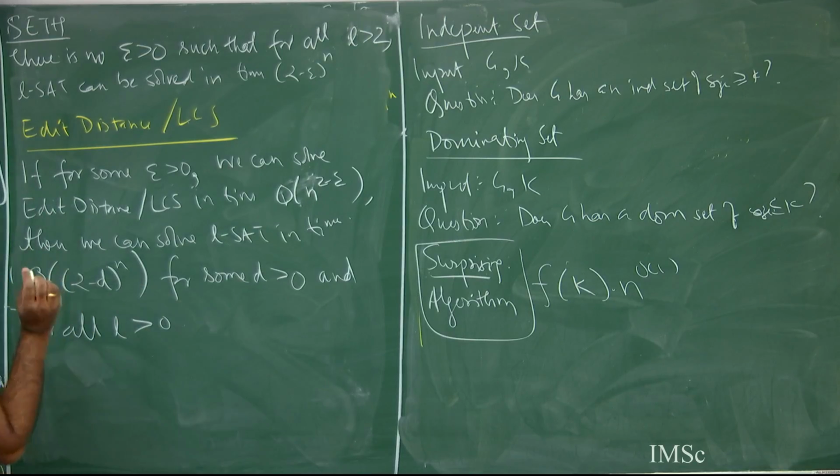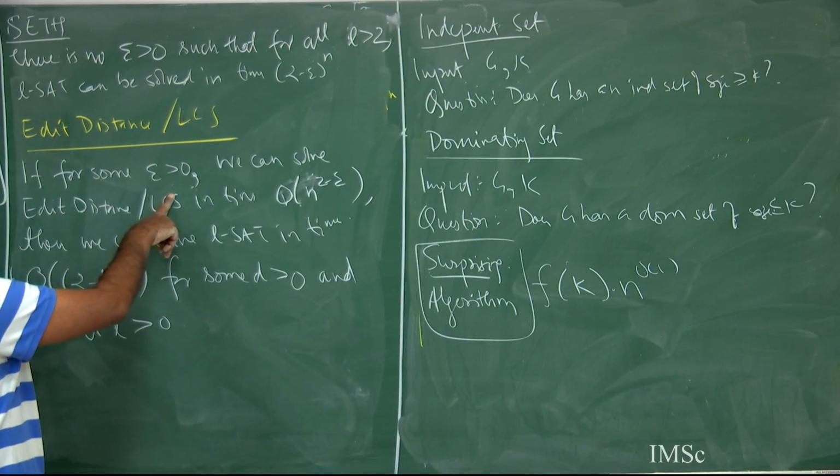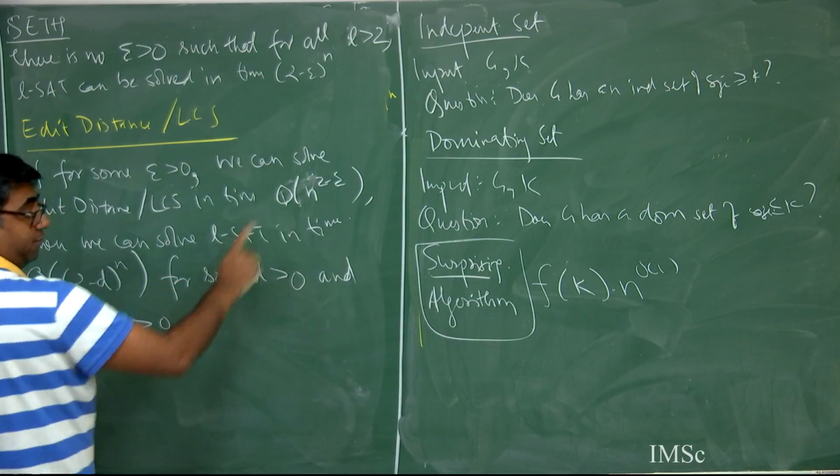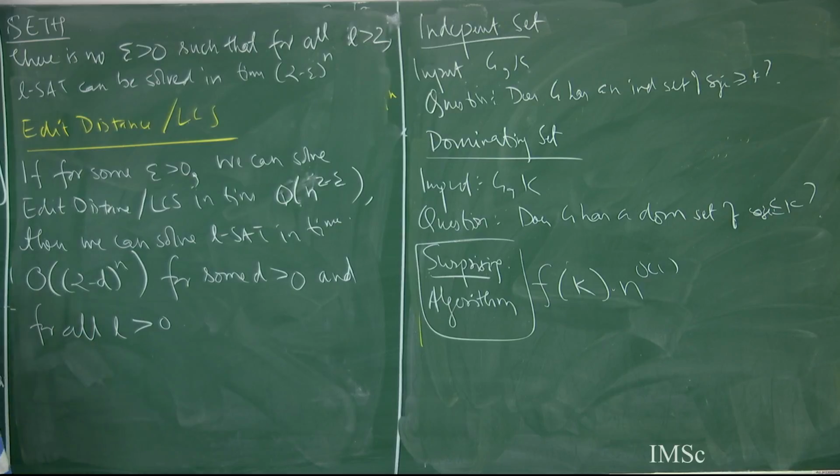It does not matter for k equal to 1 and 2 because we can solve those in polynomial time anyway. This is what I would like to prove: if for some epsilon greater than 0 we can solve our problem in this much time, then we can solve k SAT in this much time.